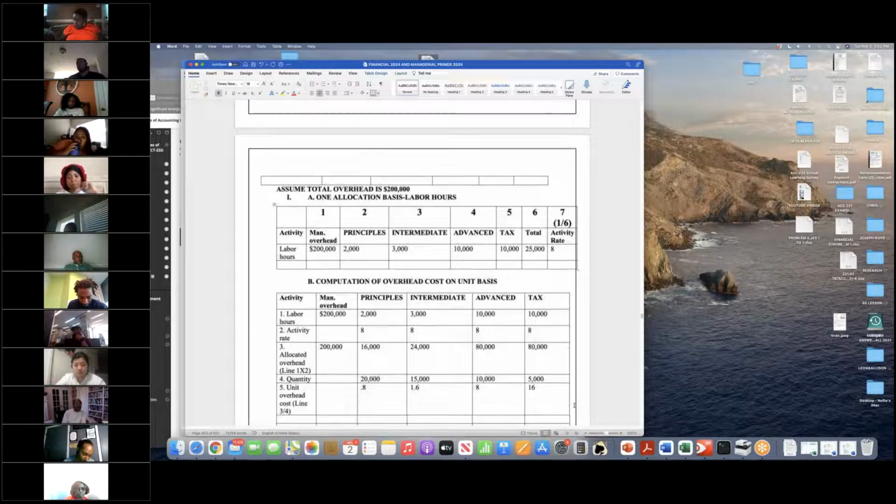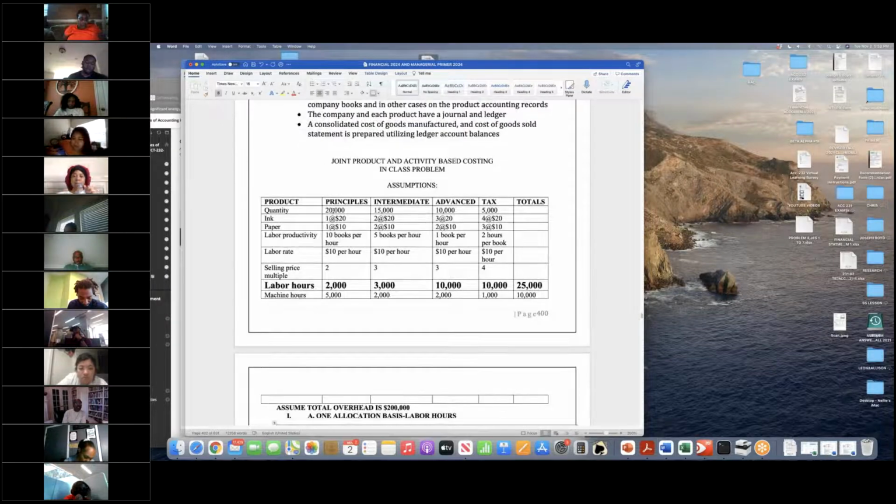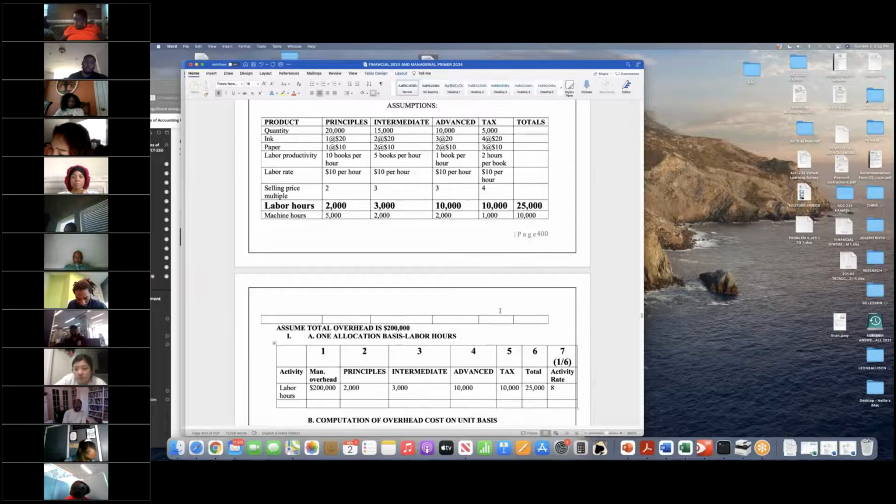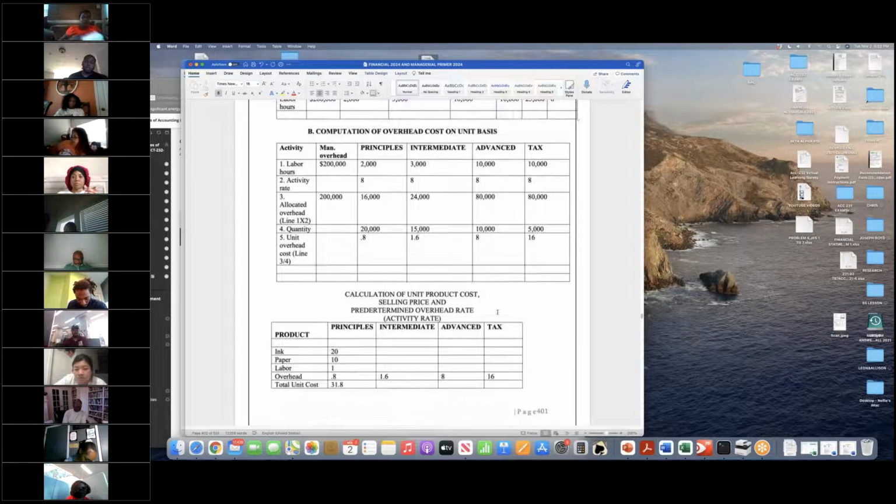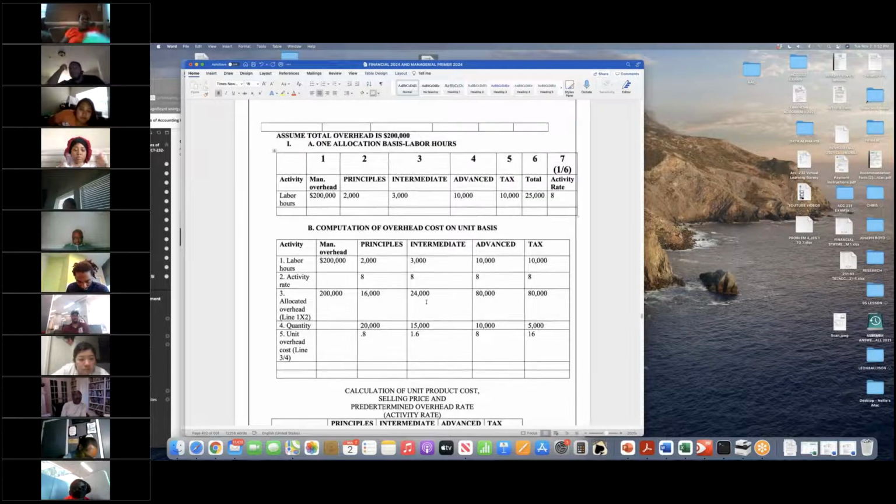Once we have how much goes to each book, we put in the quantities that are going to be produced. You know, these quantities on this top line, we put those quantities right in here, and we divide whatever's on 3 by what's on 4 to get the unit overhead rate.